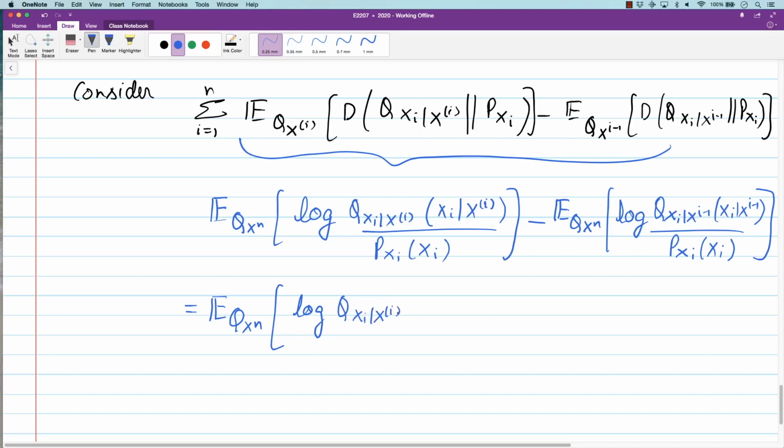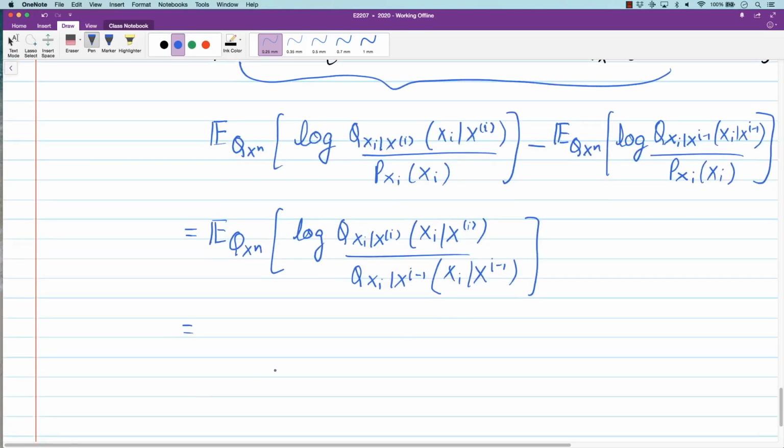And this is where we have used independence, because otherwise you would have conditioning on x past here. So now you just have this one. So now what is this guy? Xi given x minus 1. This again can be written in terms of, this is your P, this is your Q, and you're looking at this conditional divergence.